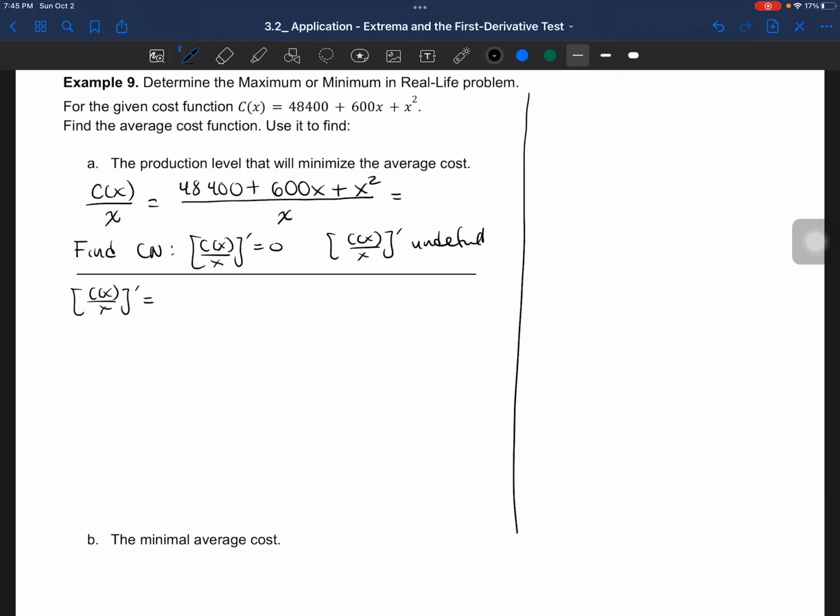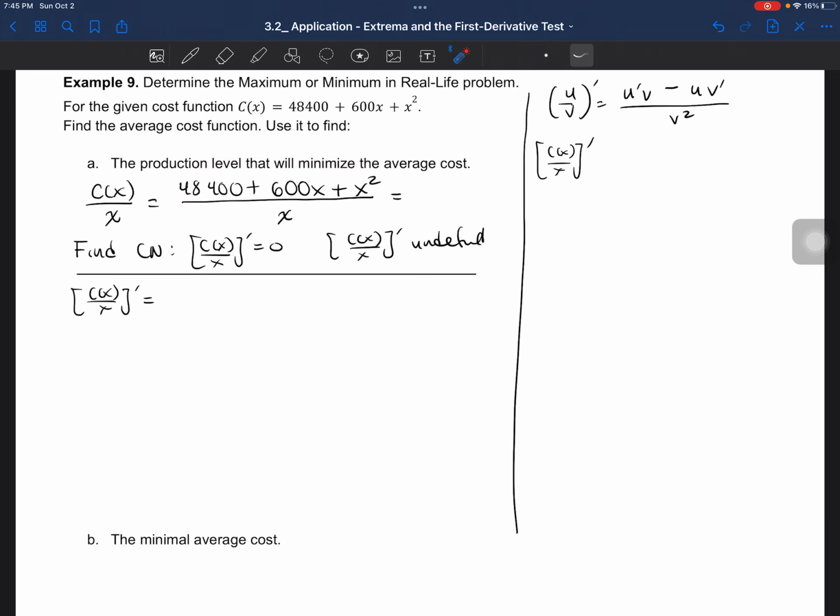So the derivative of this will be the quotient rule. All right, so let's go ahead and do that. For this function, we're going to take the derivative of c of x over x.